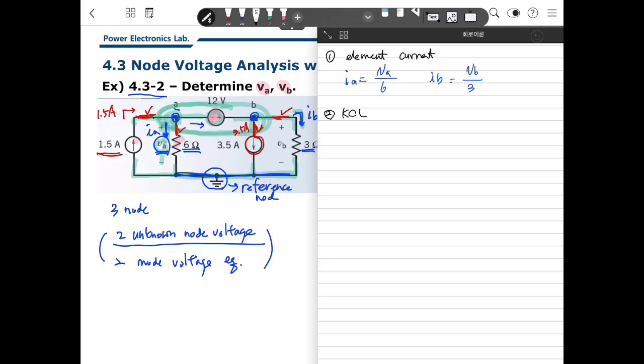So at node A and B, which is a supernode, what is the KCL?